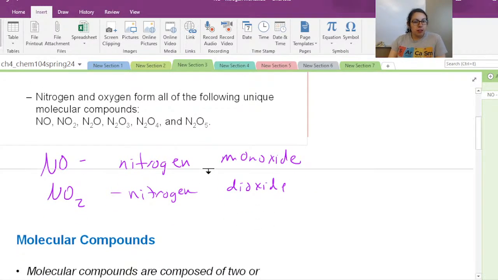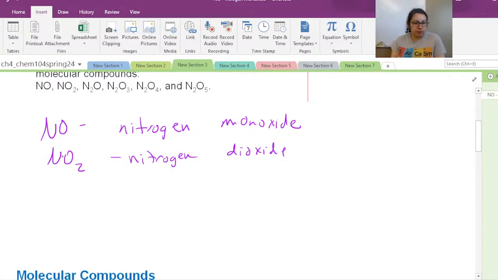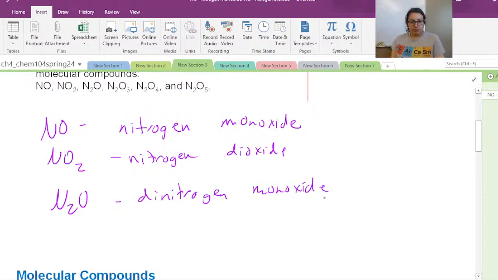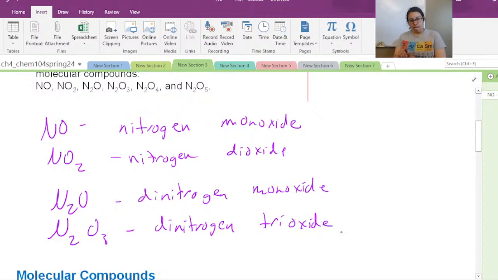And then N2O, so now dinitrogen, since we have 2, monoxide. And we'll just do this last one, N2O3, dinitrogen trioxide. So kind of so forth.